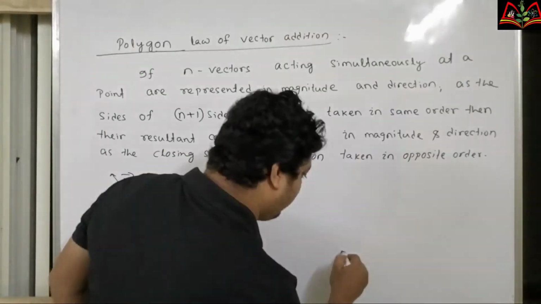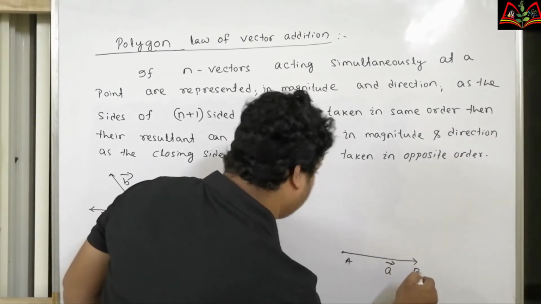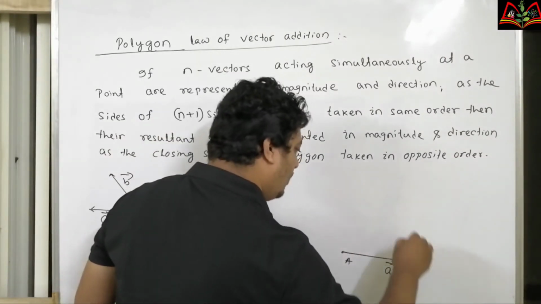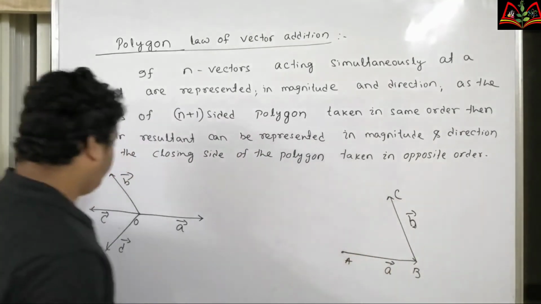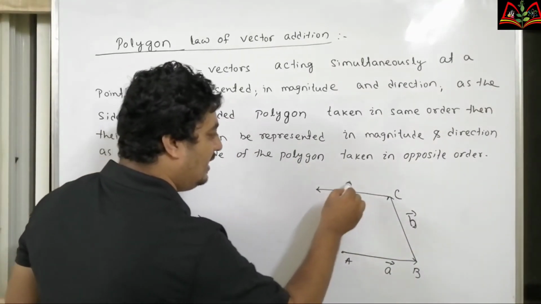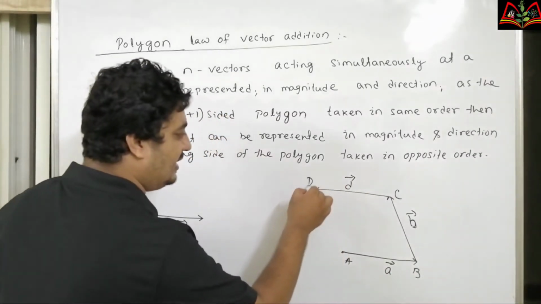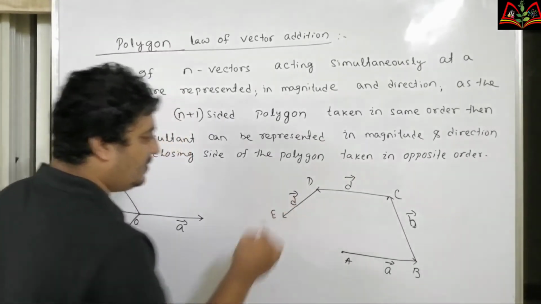Let the side AB represent A. Now, shift B parallel to itself. So, this will be B. Let it be BC. Then, vector C. Let CD be vector C. Then vector D. Let DE be the vector D.